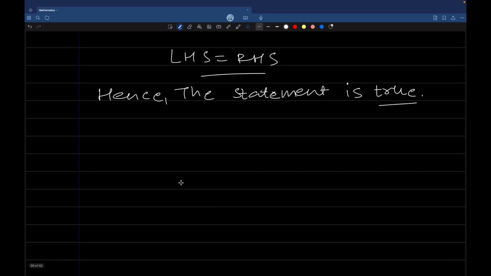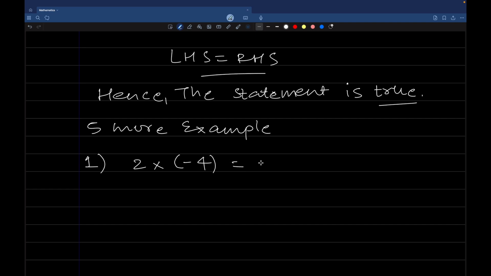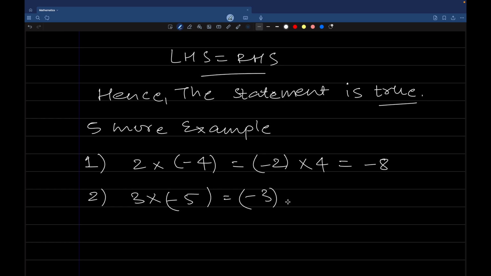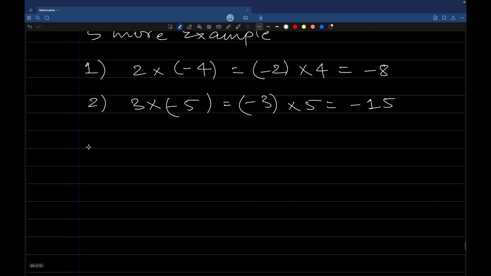They have asked to give five more similar examples. We can write 2 into minus 4 equals minus 2 into 4 equals minus 8. Then 3 into minus 5 equals minus 3 into 5 equals minus 15.